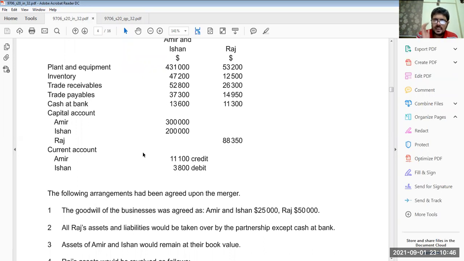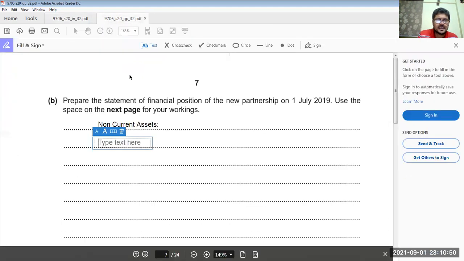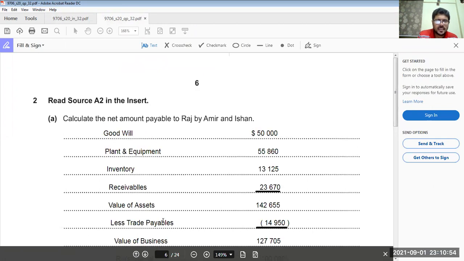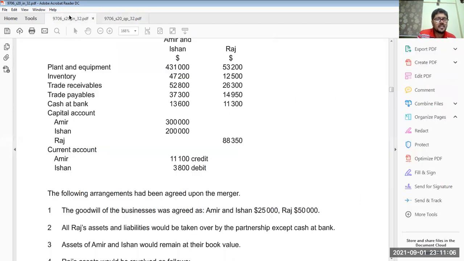That is to be taken on book value, I mean Ishan's assets, and his capital, his plant and equipment is 55,860. So 486,860 is the amount of plant and equipment.